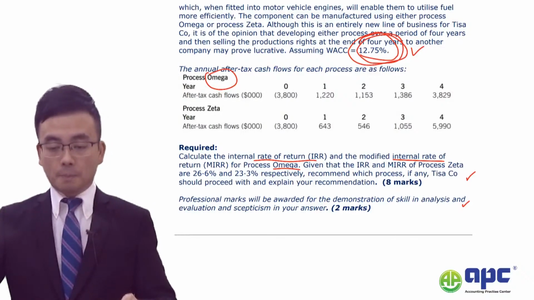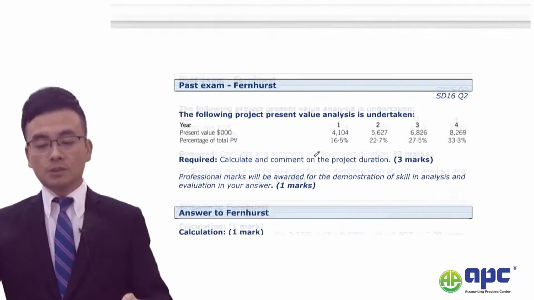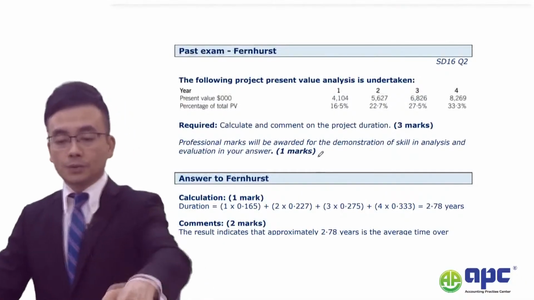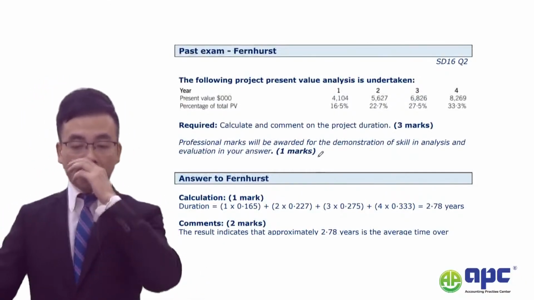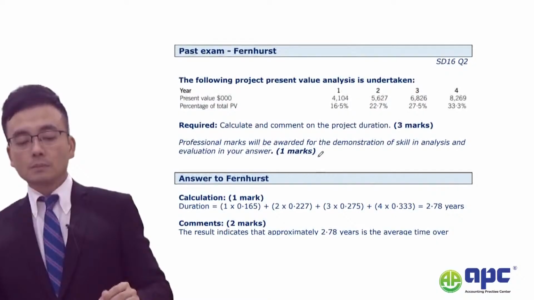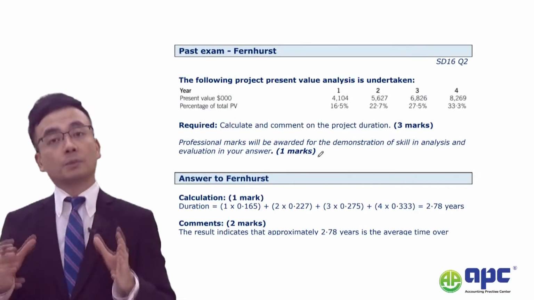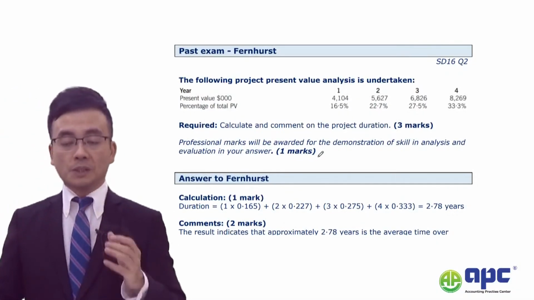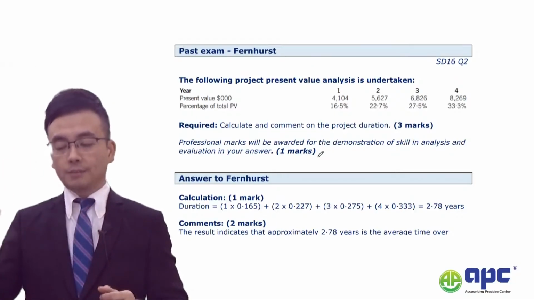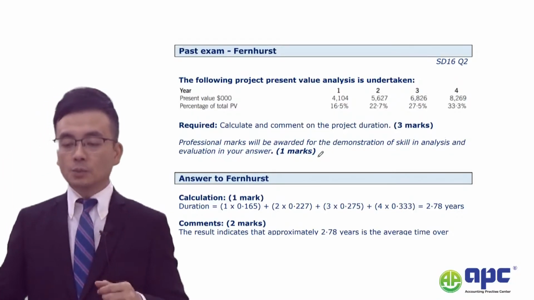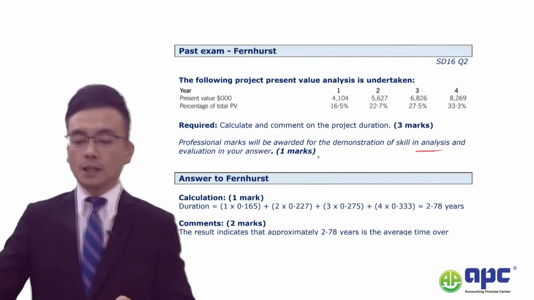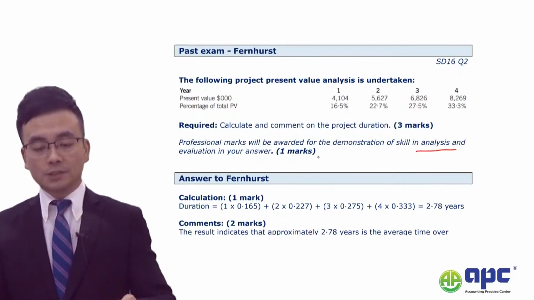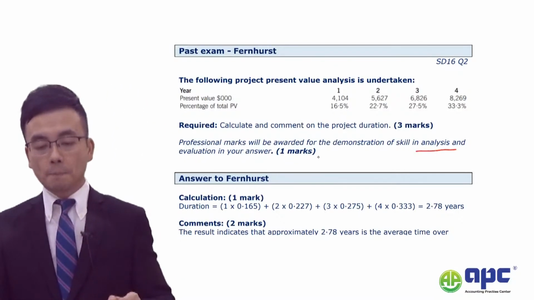Right, so moving on to the next question called Fernhurst company. It requires us to calculate and comment on the project duration, which means the risk of that project. And we are also given the analysis and evaluation mark in your answer, so the total will be 4 marks here.